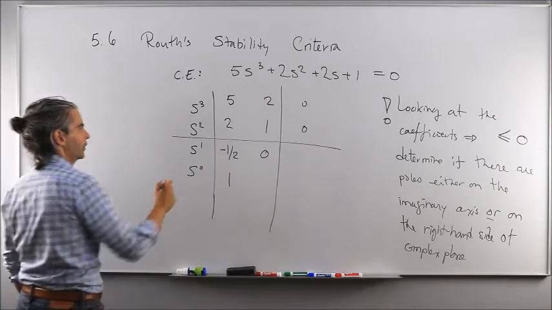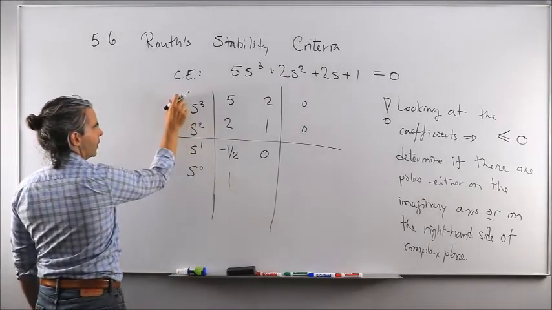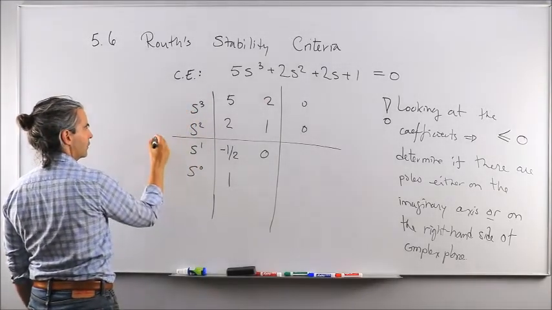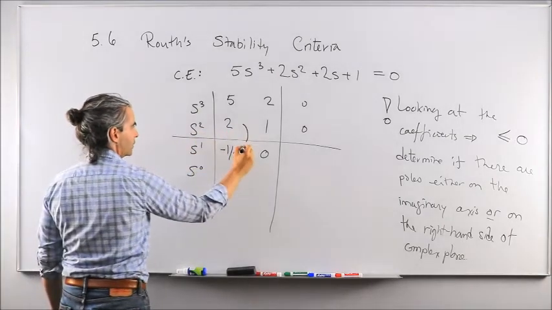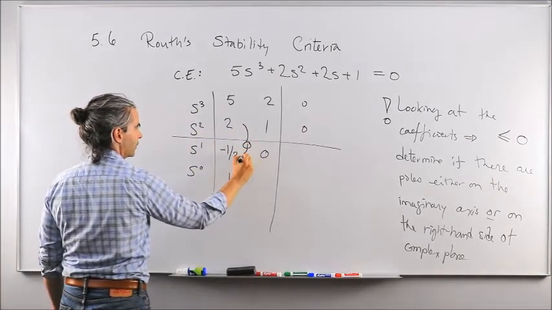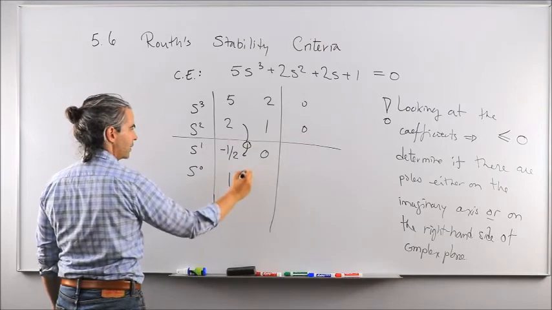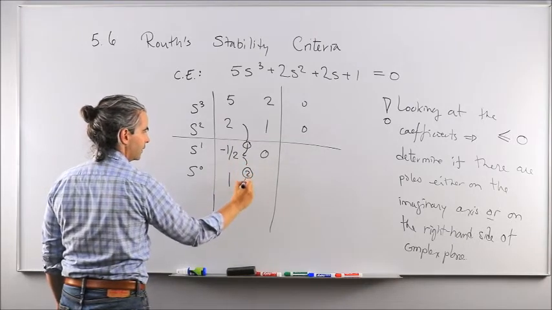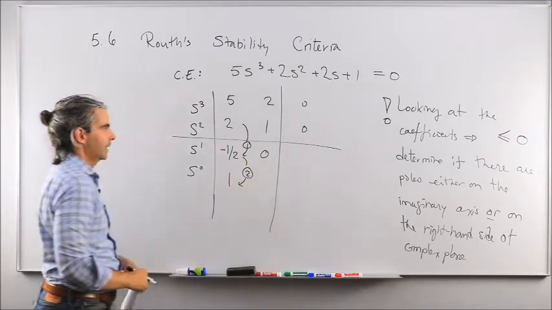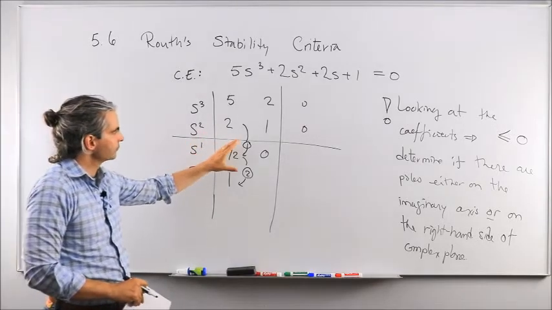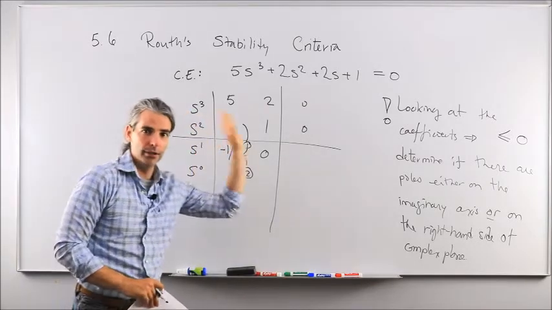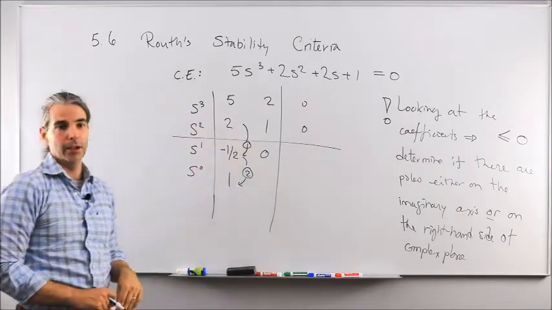And therefore, we have positive, positive, negative. One sign change from here to here. And then negative to positive, that's a second sign change. So that tells us that there are two poles lying on the right-hand side of the complex plane.